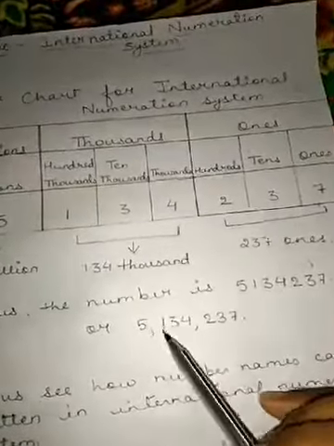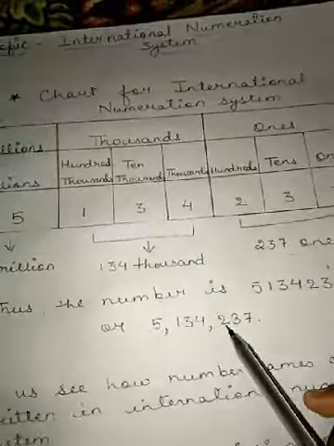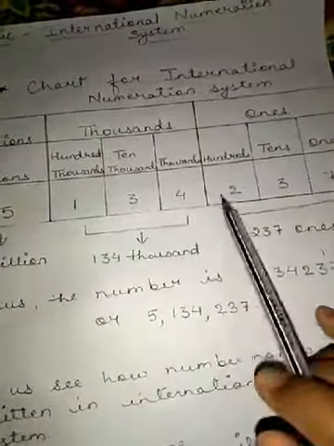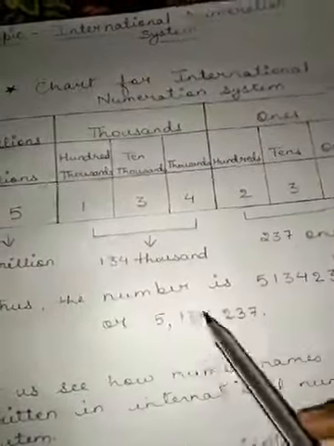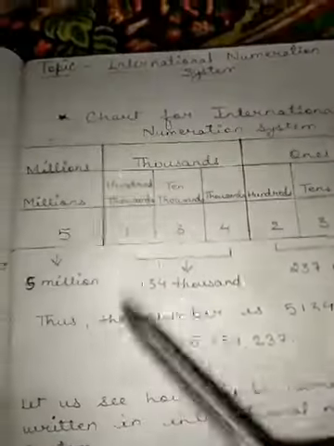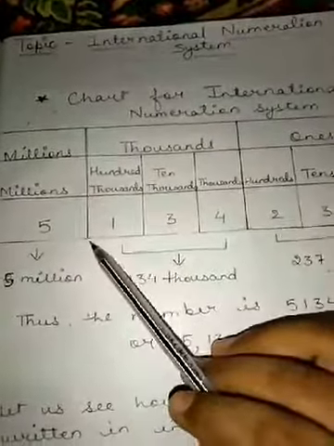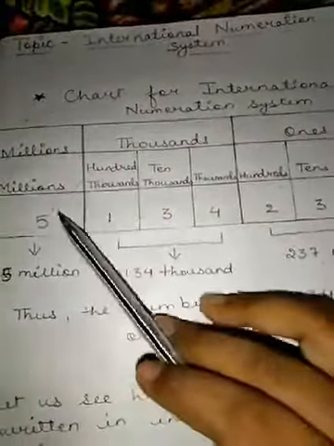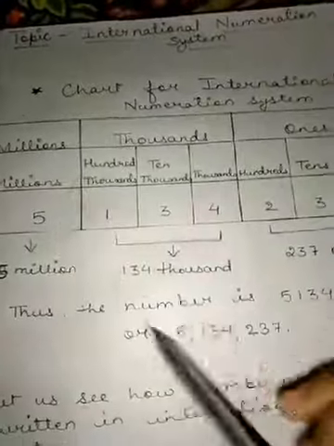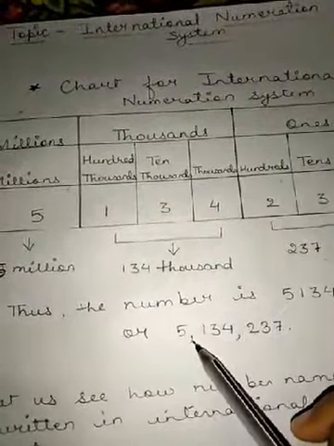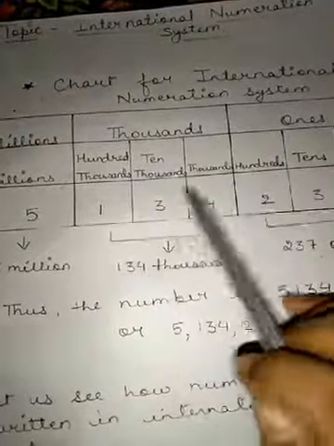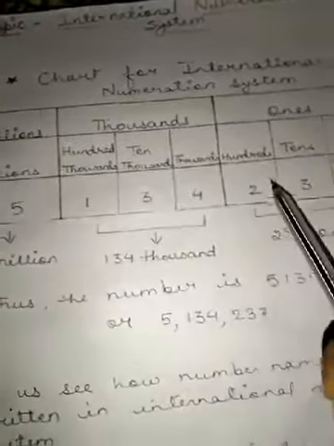Now we have written this, and when we put the commas, children, where we have divided the periods, there we will put the comma. You can see after million there is a division between millions and thousands. So after 5 millions we will put a comma. Now there is another division between thousand and ones.